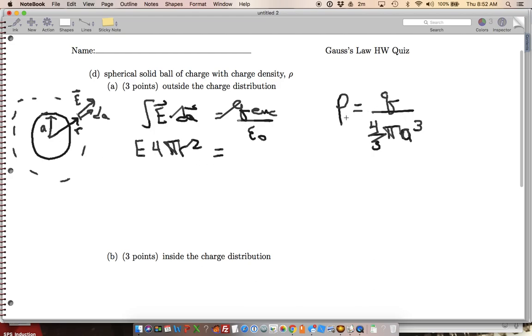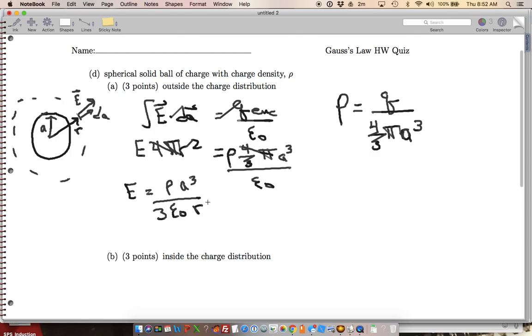Q here is equal to rho times 4/3 pi a cubed over epsilon naught. So E is equal to, cancelling out my 4 pi here, rho a cubed over 3 epsilon naught r squared. And this is again in the r hat direction.